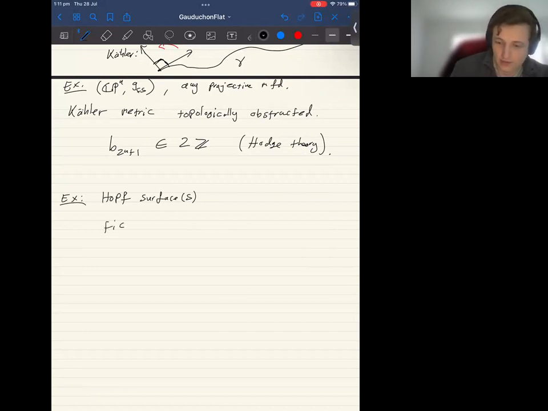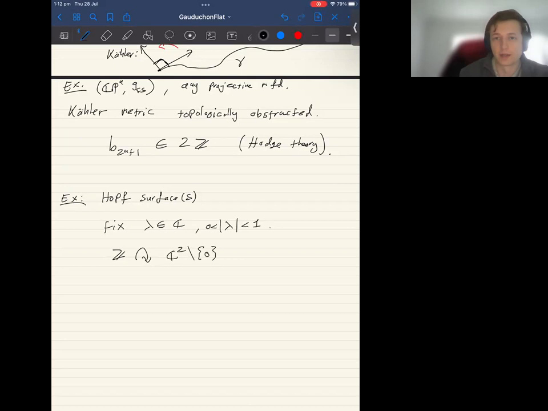If you fix some complex number lambda and you demand that its norm is between 0 and 1, then there's an action of the integers on the complex plane, well, C^2 minus the origin. Okay, and this action takes some vector, and we just do lambda to the n times that vector.